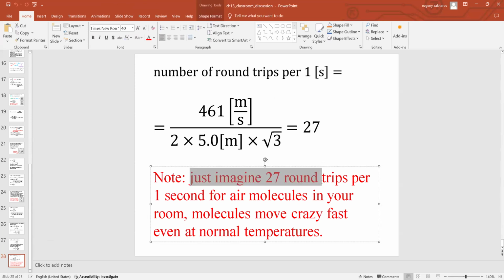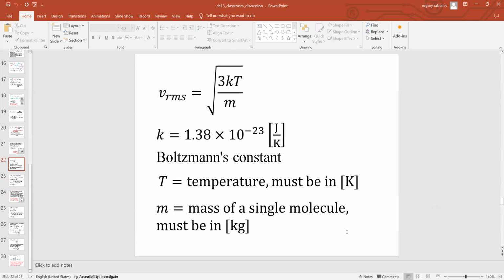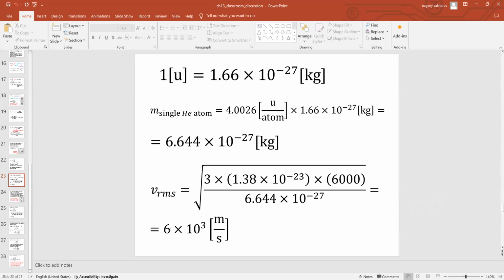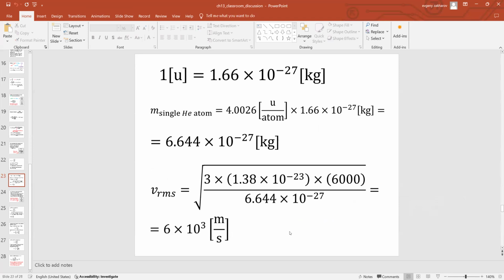Just imagine 27 round trips per 1 second for all the air molecules that you see right now in your room. Everything moves crazy fast, even at normal temperatures, even if it's not the sun. Remember, for the sun, it was 6,000 degrees, 6,000 meters per second, which is crazy fast.